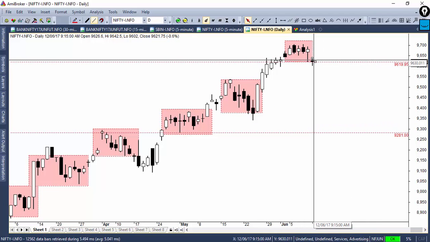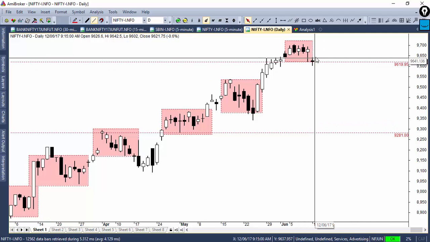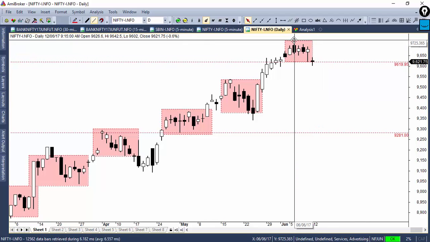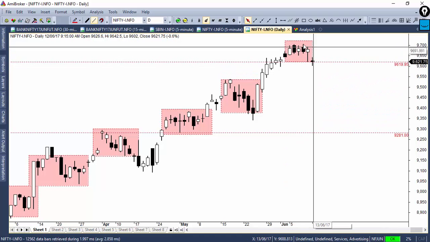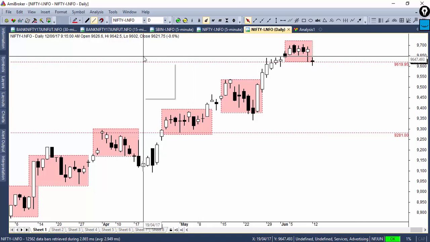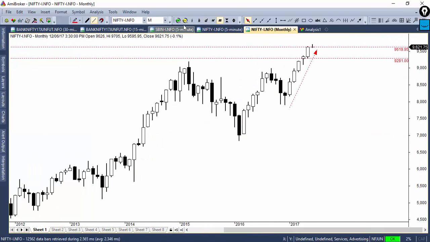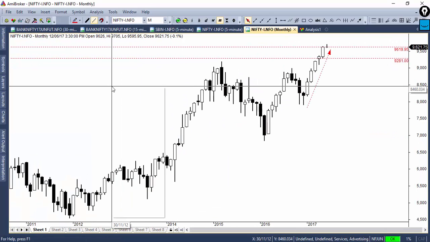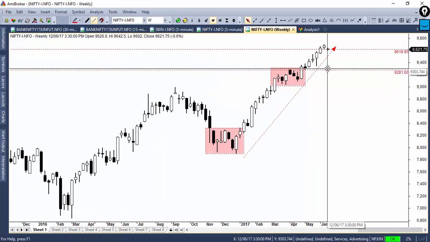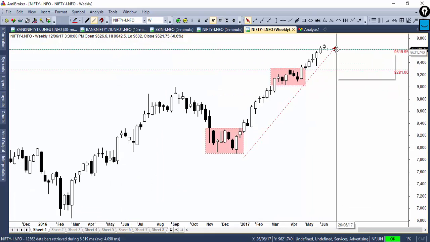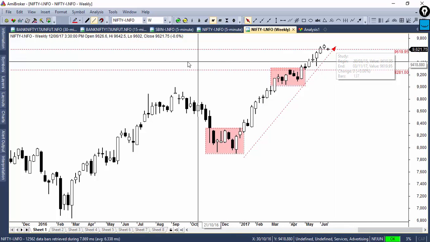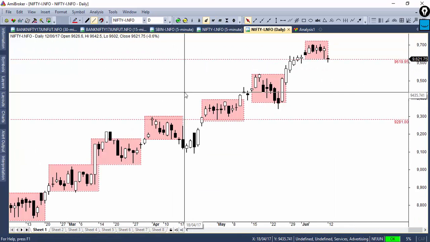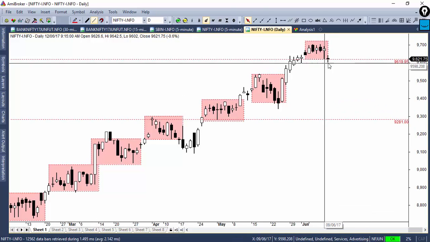There is no strong selling coming into the markets, and on the daily charts we still maintain the balance. On the monthly charts we are one time framing higher and the trend is clearly up. The weekly candle has not ended, but the overall trend is up, and the daily trend is so far balancing.